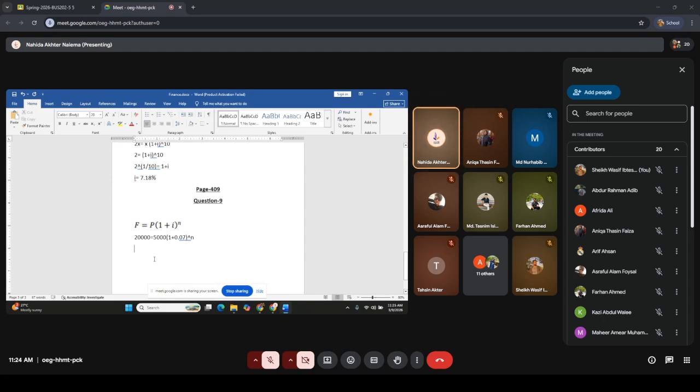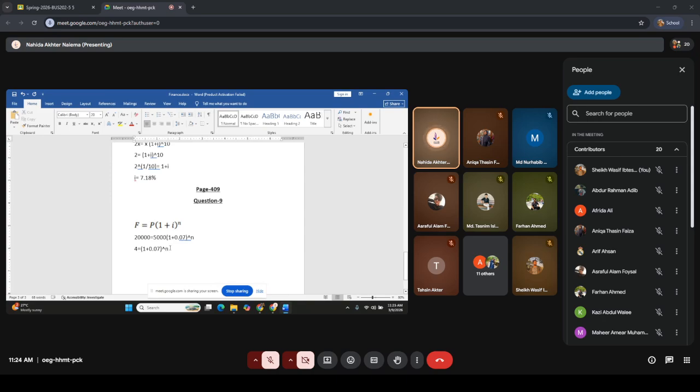Yes. So what do we get? 4, right? Times 1 plus 0.07 to the power n. So now 4 is equal to 1 plus 0.07 to the power n, right?